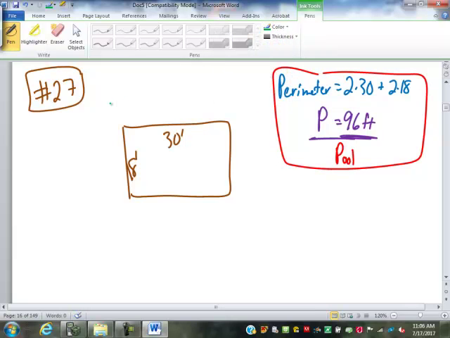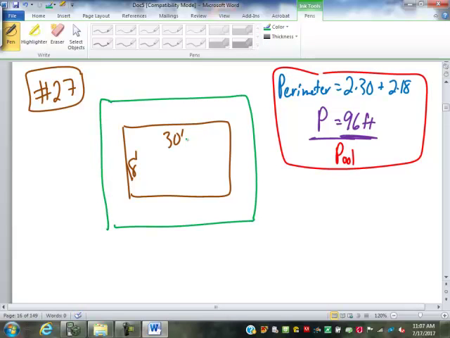Then the problem says we are going to build a deck around the pool. It's the same size on each side, all the way around. Same width all the way around. We're going to call this X, right? Now, it really doesn't matter. The way I drew it, it's going to work out a little bit different.